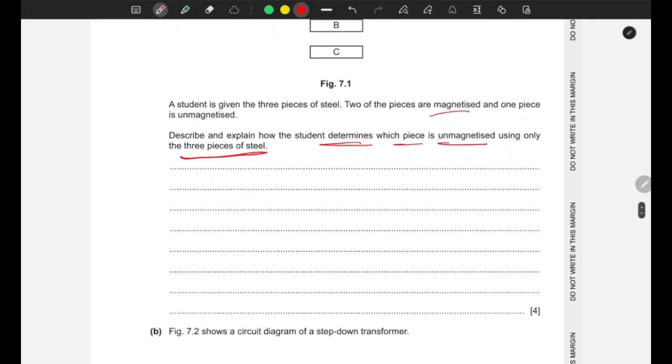So to do this test, firstly, we need to bring close 2 of the steel and see if they attract.